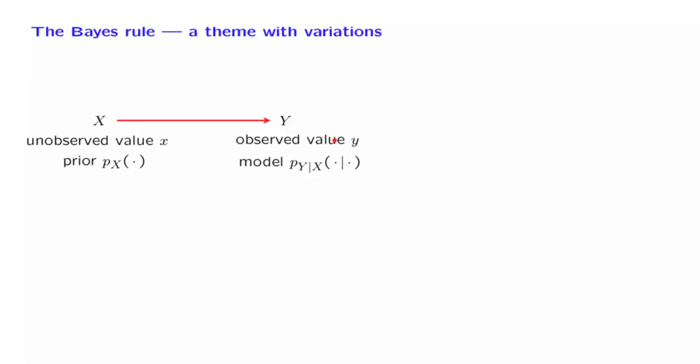The relation between the two random variables is captured by specifying the conditional PMF of y given any value of x. Think of x as an unknown state of the world and of y as a noisy observation of x. The conditional PMF tells us the distribution of y under each possible state of the world.